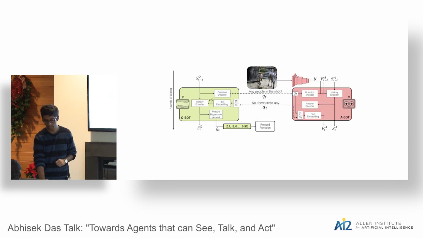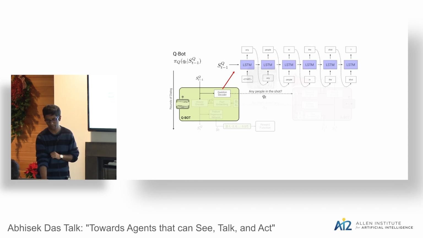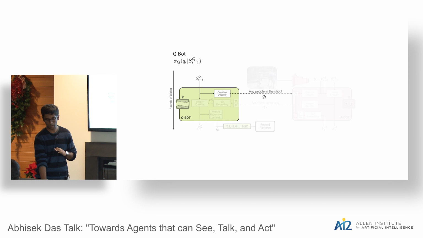So if we dive into the model internals, on the left in green, I'm showing QBot's policy. Conditioned on a dialog state embedding, it predicts a question, which is just an LSTM predicting the question word by word. That question is passed over to the answering side.